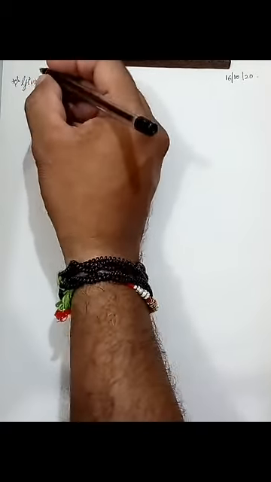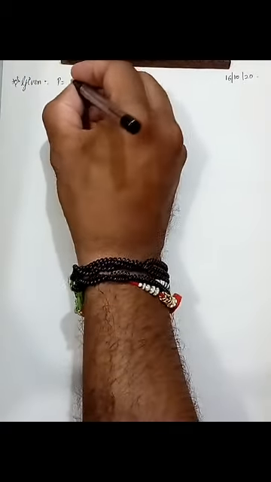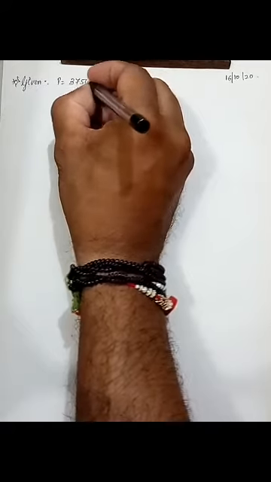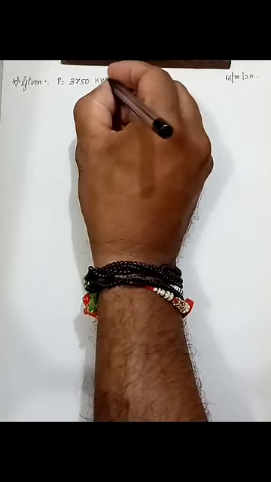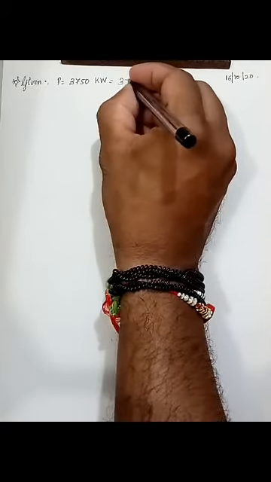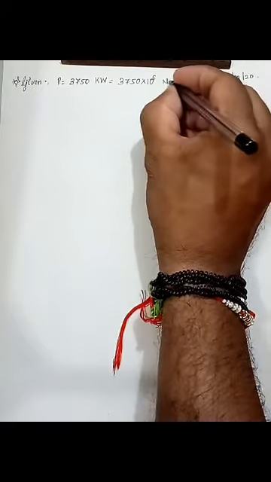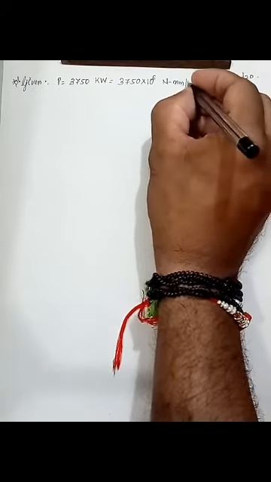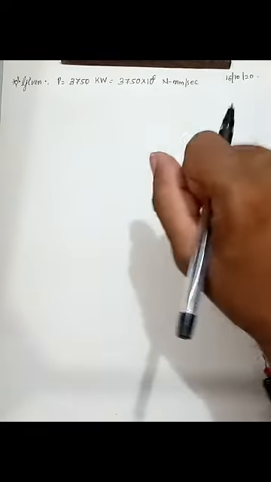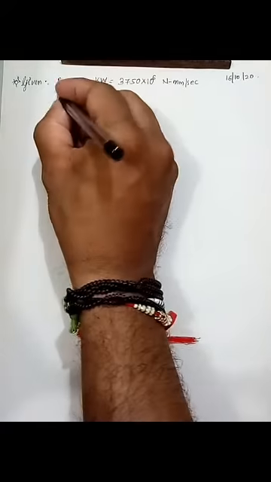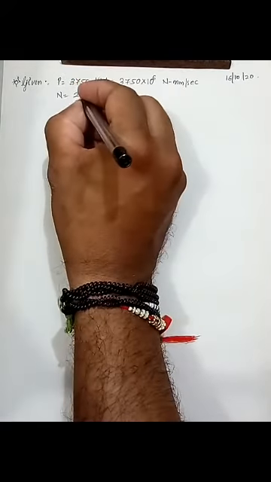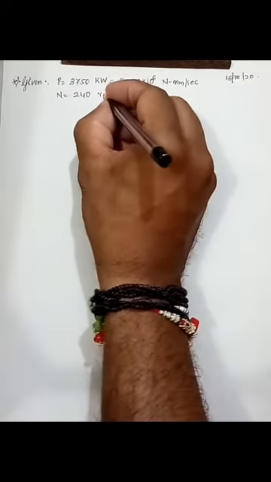Given power P is equal to 3750 kilowatt, that's nothing but 3750 into 10 to the power of 6 Newton mm per second. This was explained in the first class of torsion itself. Then N is given as 240 revolutions per minute.